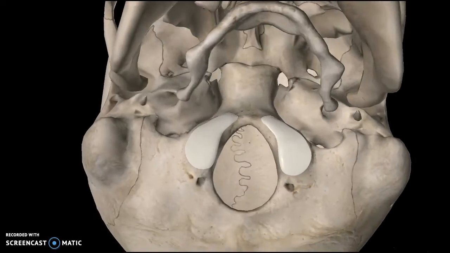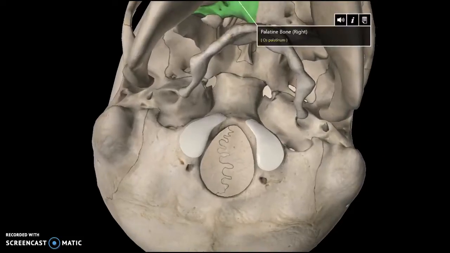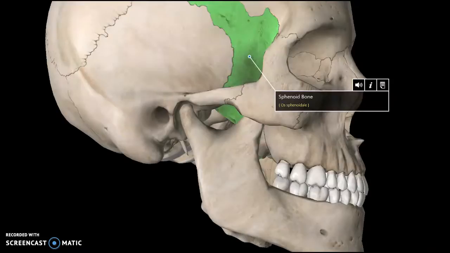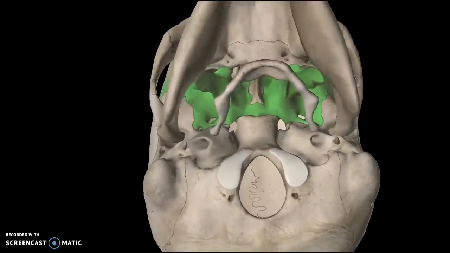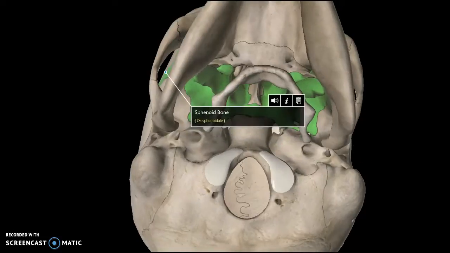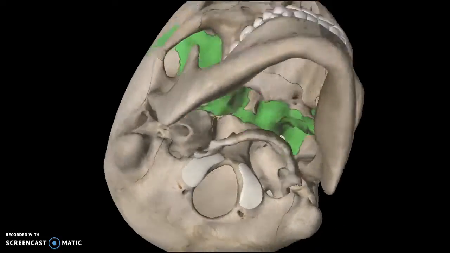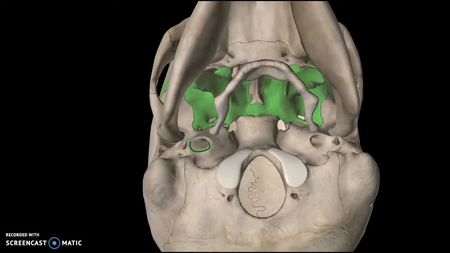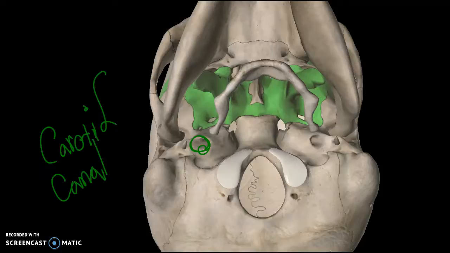And two more structures. So now moving down a bit on the sphenoid bone, which is this bone here. This is the sphenoid bone, and as you can see, it involves all the pterygoid plates and all of that. You see this hole right in the middle, and this is known as the carotid canal.